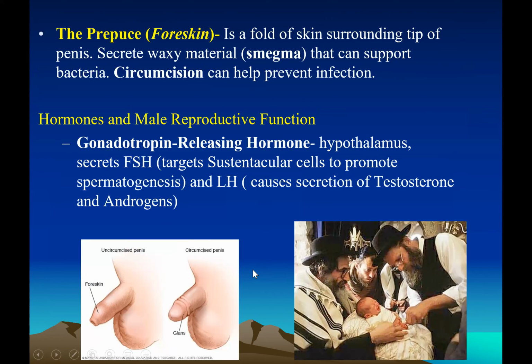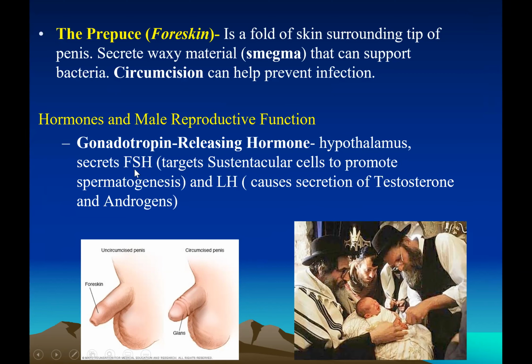So all the activities of both the male and female reproductive system are controlled by hormones. The hypothalamus, if you remember, will release the gonadotropin releasing hormone, GnRH. That will trigger the production of follicle stimulating hormone and luteinizing hormone through the pituitary gland.